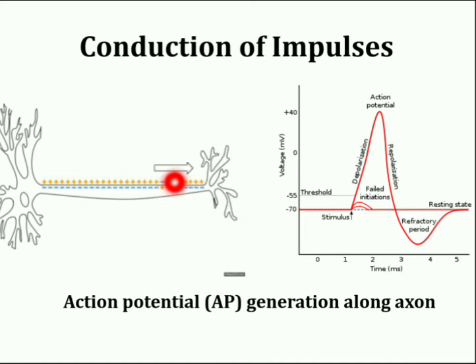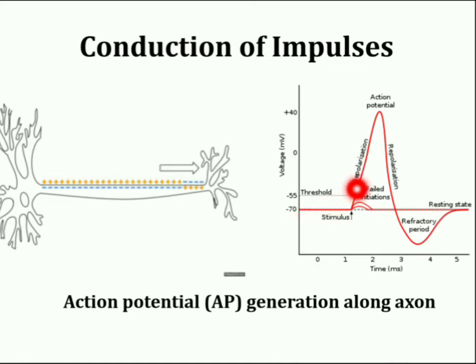In response to a signal from another neuron, gated ion channels such as sodium and potassium open and close as the membrane reaches its threshold potential. In the beginning of the action potential, sodium channels open and sodium moves into the axon. Result of this movement is depolarization.